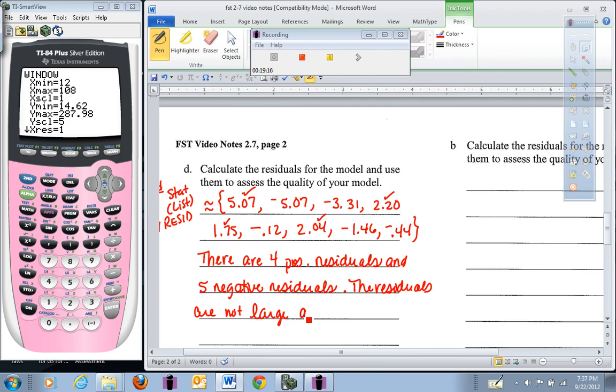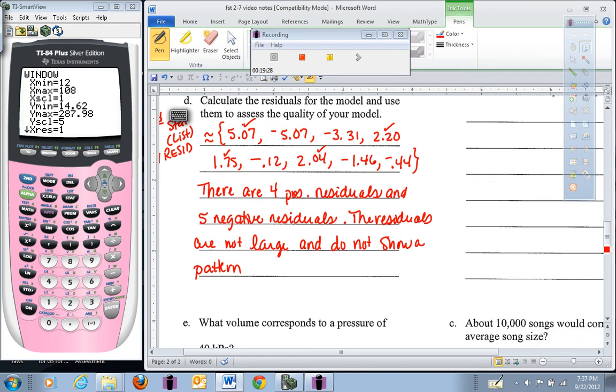And they do not show a pattern. Now, what's a pattern for residuals? A pattern for residuals would be that they might start out small, and every one you go to gets bigger and bigger and bigger, or less, less, less, okay? These kind of vacillate back and forth between positive, negative, negative, positive, positive, negative, positive, negative, negative, okay?